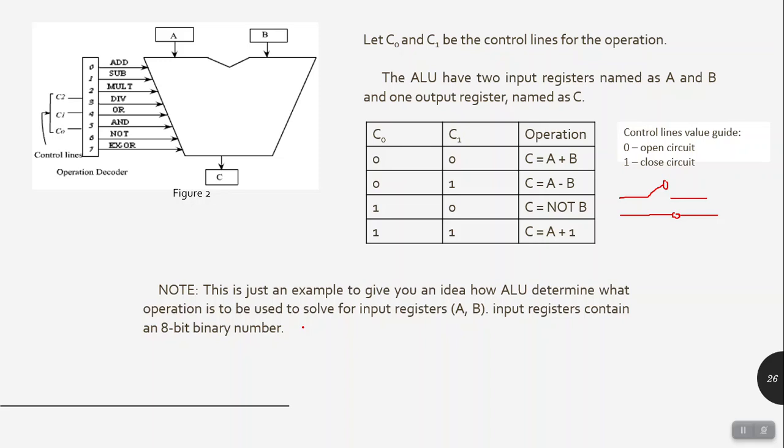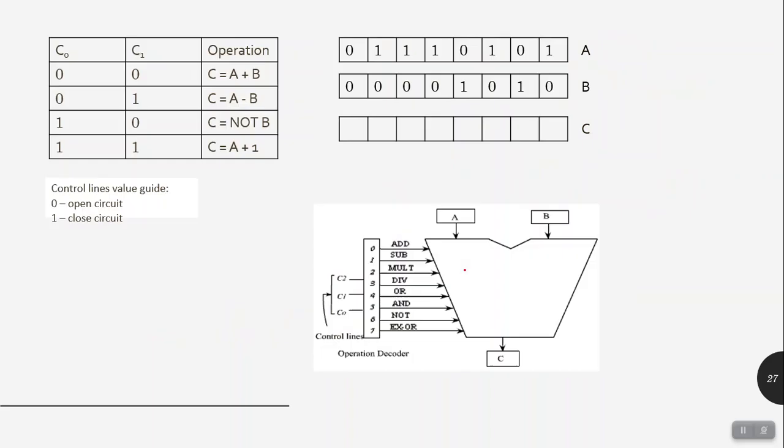So the letters or characters have an equivalent value as an 8-bit binary number. Here, let's say we have an input register A, to which we have assigned an 8-bit binary number. Same goes for B. And we have an output register C.